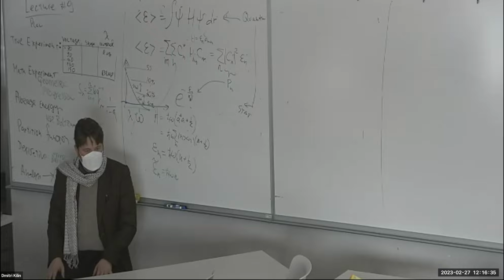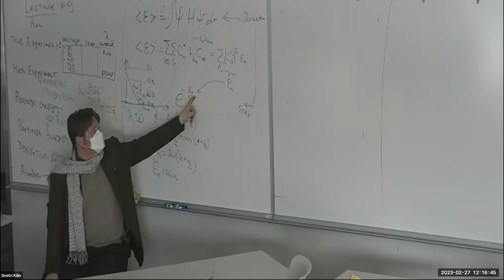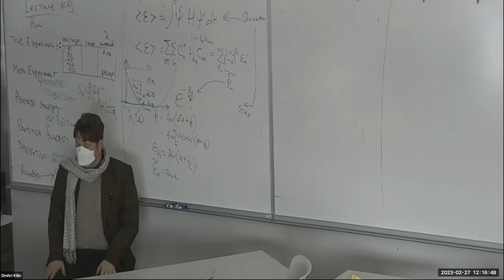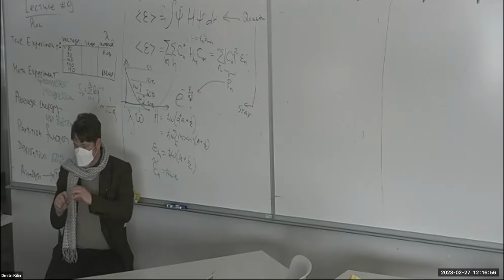So the idea is as follows. When we have a collection of multiple oscillators, each of which is following Boltzmann distribution, we will see that oscillators with lower energies, lower frequencies, will have more and more levels populated, will be more excited, right?